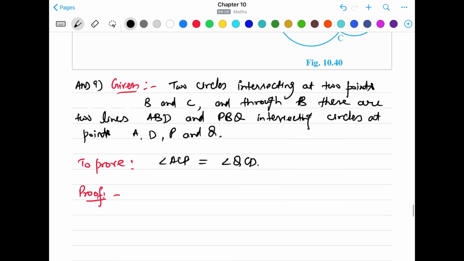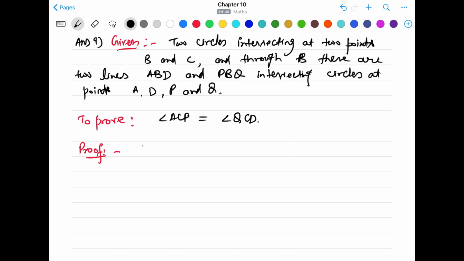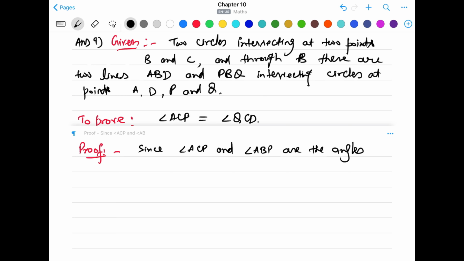First, we know that the angles in the same segment of a circle are equal. So we'll write, since angle ACP and angle ABP are the angles in the same segment.